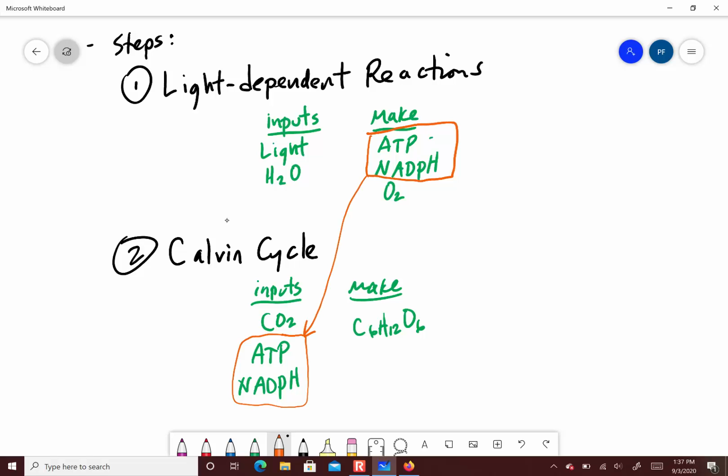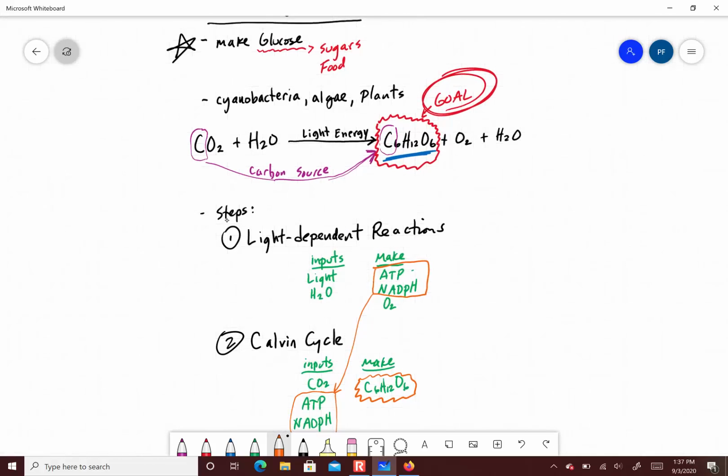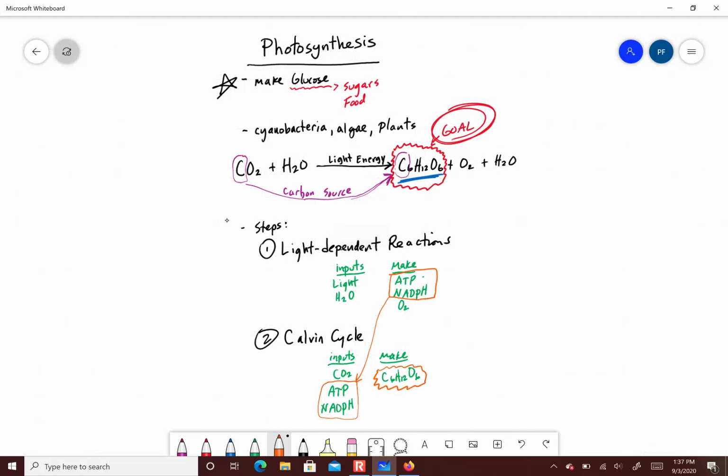That's why when you think the purpose of photosynthesis is to make ATP, that's wrong, because yes, we make it, but look, in the next step, we use it all. So we're not generating any surplus ATP with photosynthesis, right? This is our goal, that's the goal we're trying to get to, and we can make that in the Calvin cycle. All right, so there's an intro to photosynthesis for you heading into the lecture activities.